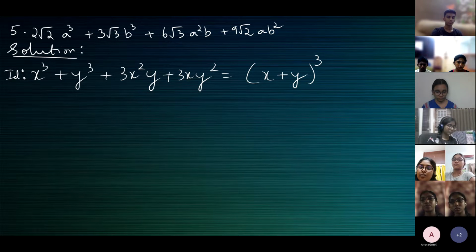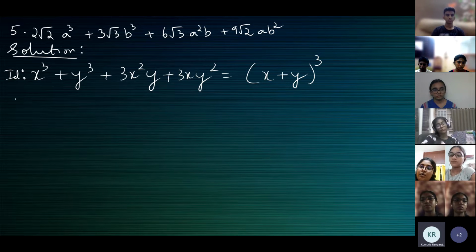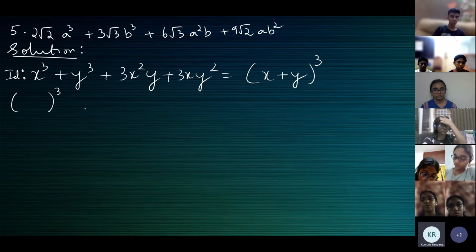So this is the identity. Now we must show that this one is x cube, this is y cube, this is 3x square y, and this is 3xy square. I'll use empty brackets here. X cubed: I'll write the signs from the identity, not from the given expression.